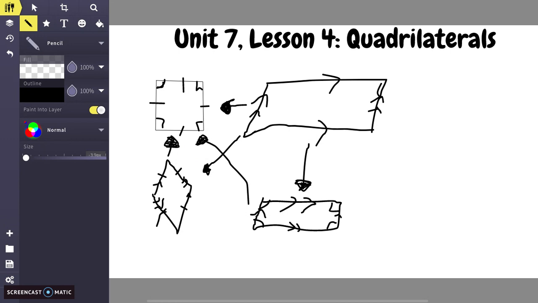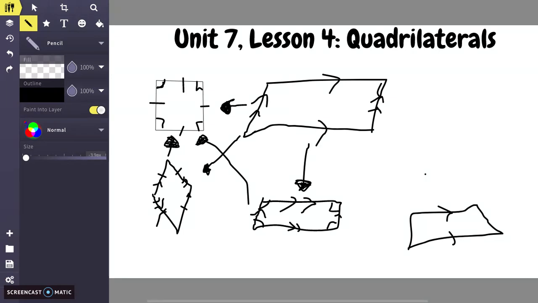There is another kind of quadrilateral. It's kind of an outsider. It's a trapezoid. So there's only one set of parallel sides, and it's the top and bottom. The other ones just go like this. They will meet at some point.